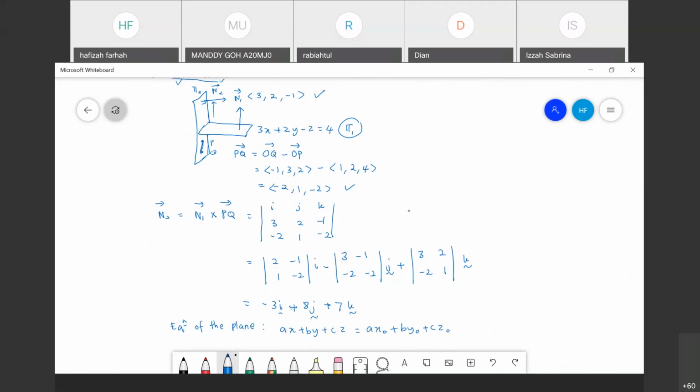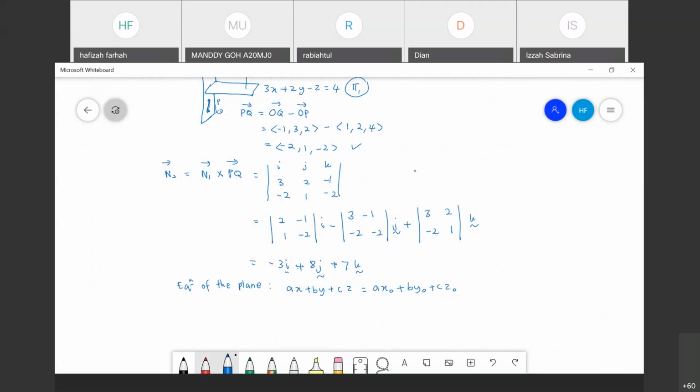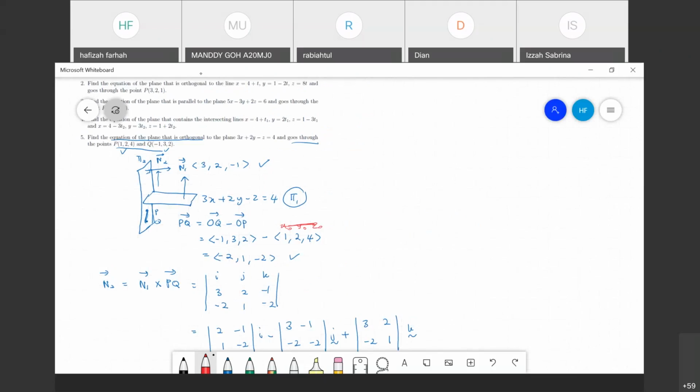So our a, b, c is this vector, and we can use the point P, (1, 2, 4), as x naught, y naught, z naught.